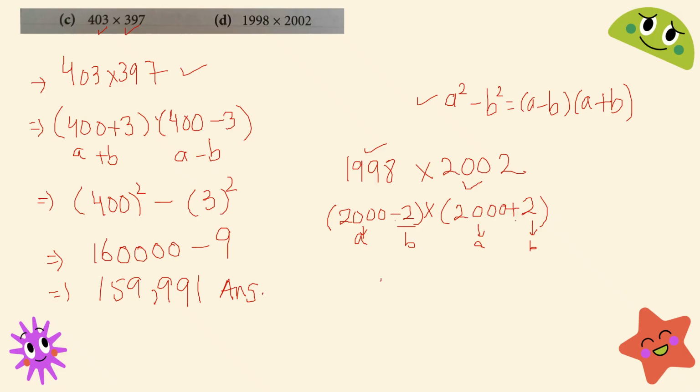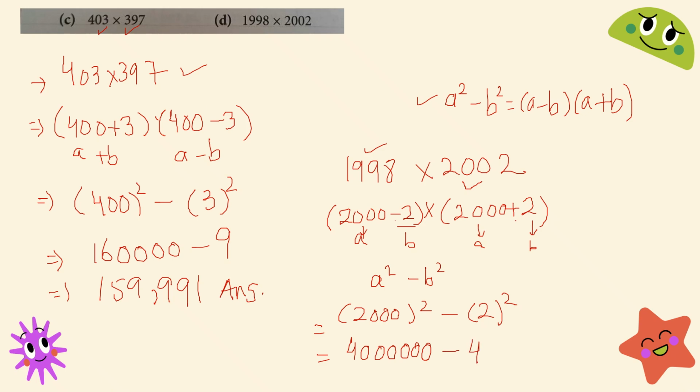So that means of course you are going to apply a squared minus b squared, and a is 2000 whole square minus b is 2 square. Now 2 multiplied by 2 is 4, and these 3 zeros will be doubled, that is you will write 1 2 3 4 5 6 zeros, and then minus 4.